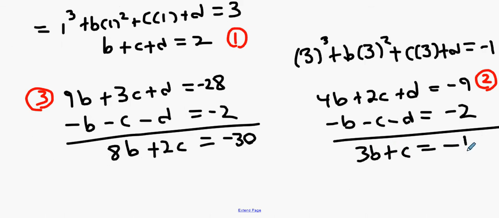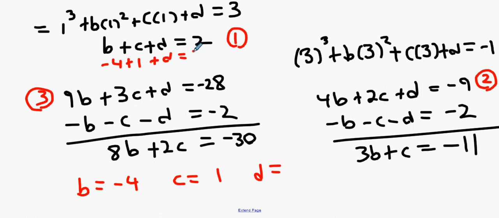Would everybody be confident enough you could finish it from here? Just do two normal simultaneous equations. What you get as the b and c value out of interest? Alright, and what's the d value then, when you sub it back in? Yeah, it'd be minus 4 plus 1 plus d equals 2. So d will equal 5, isn't it?